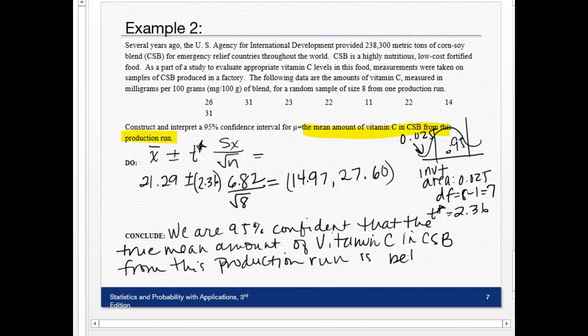Is between, and then I put our values in, 14.97. What was our unit? Remember, it was milligrams per 100 grams, and 27.6 milligrams per 100 grams.